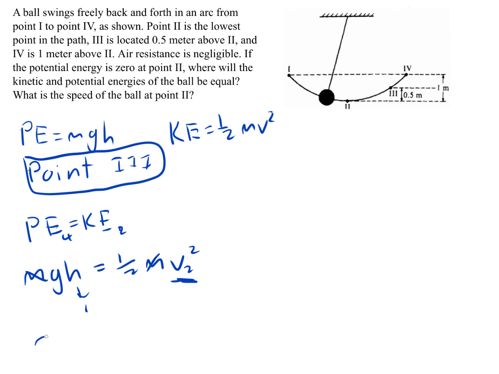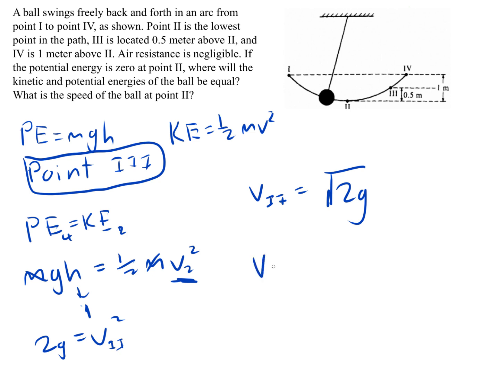So then you'll just get 2g is equal to the velocity at point 2 squared. So the velocity at point 2 is equal to the square root of 2 times the acceleration due to gravity. And again, the height cancels out because it's worth 1, and anything multiplied by 1 is still itself.